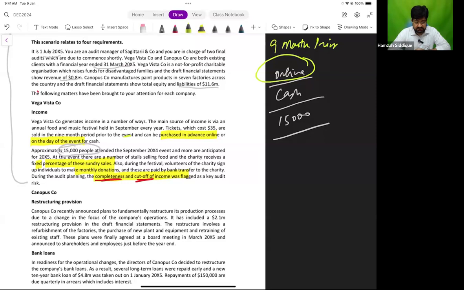Then the next point is, students, because it is related to the cutoff, the next point is sundry sales, a fixed percentage of that.